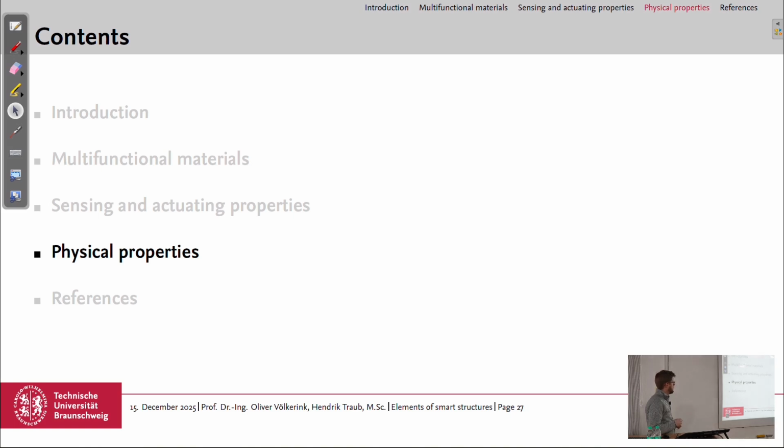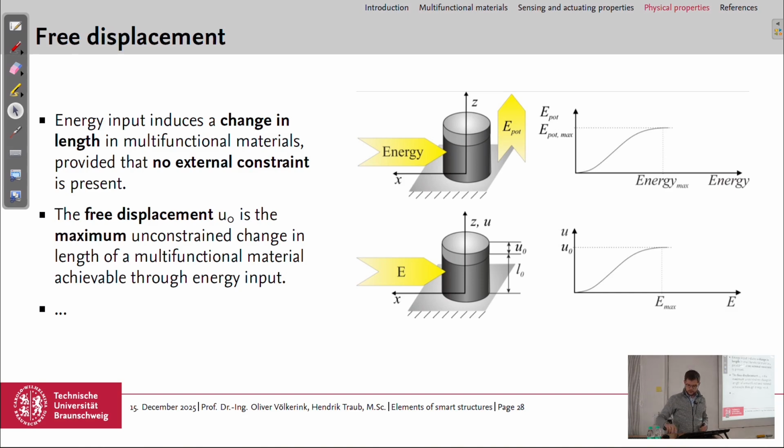So now we are coming to the physical properties, and for this I try to sketch something on the slides. So maybe we start with the free displacement. So an energy input, we are now on the actuating usage of the material.